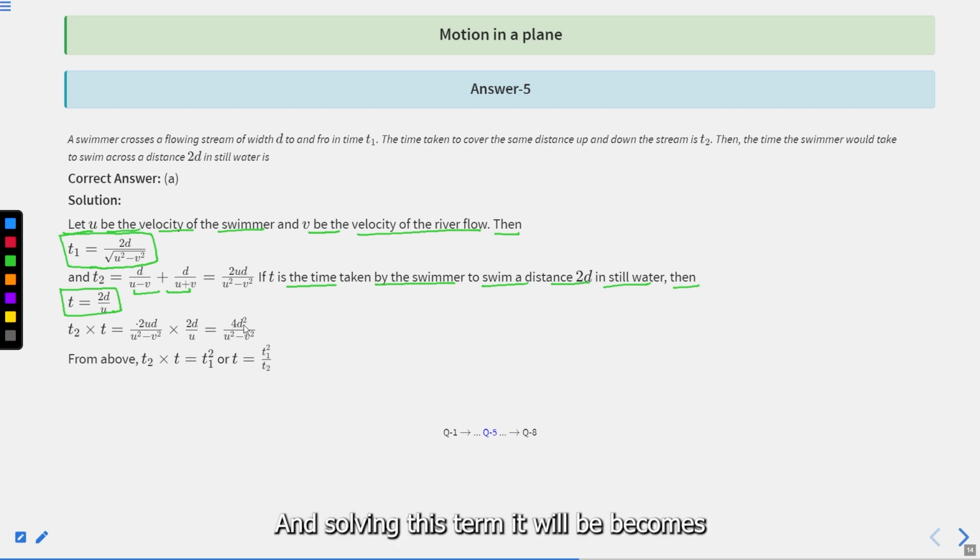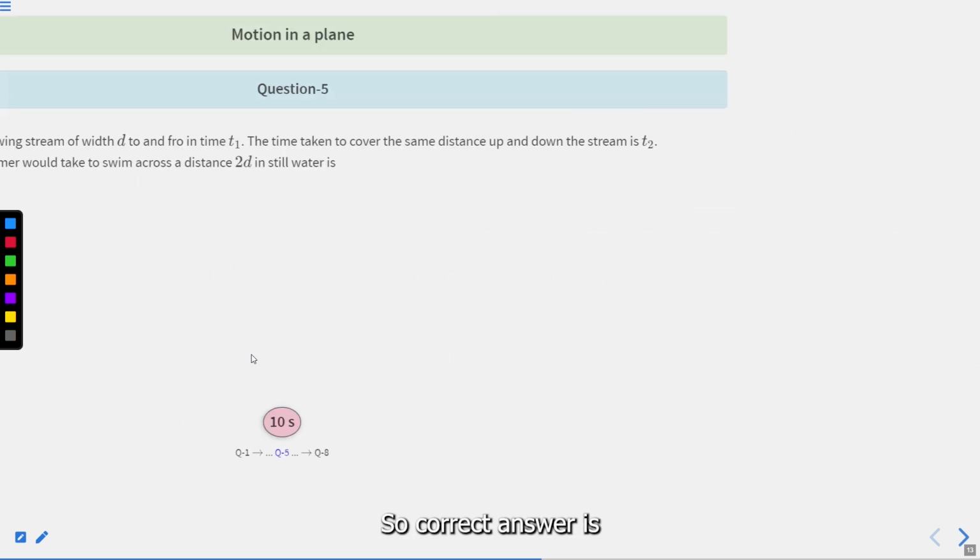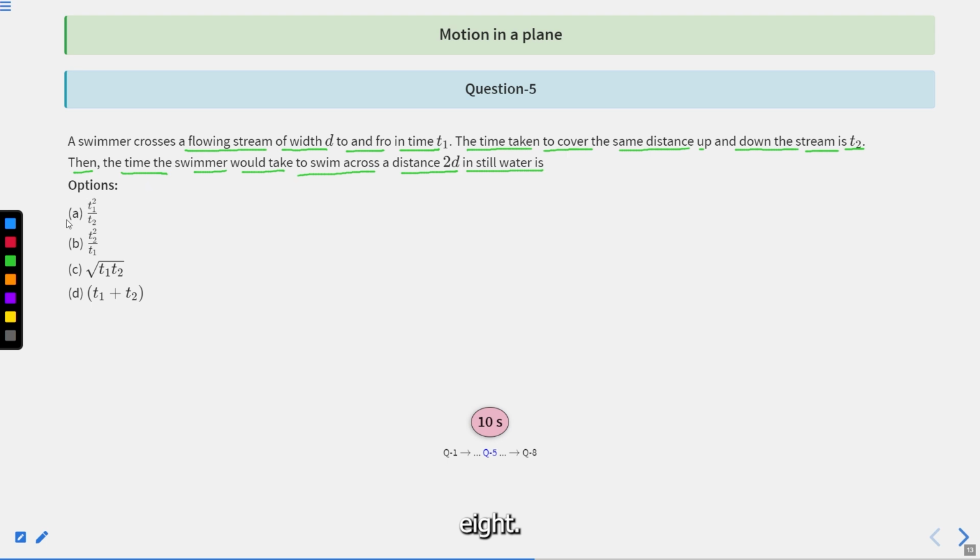Solving this, it becomes 4d square upon u square minus v square. Clear? And T2 into t is equal to T1 square, or we can say t is equal to T1 square upon T2. Clear? So the correct answer is A. Clear?